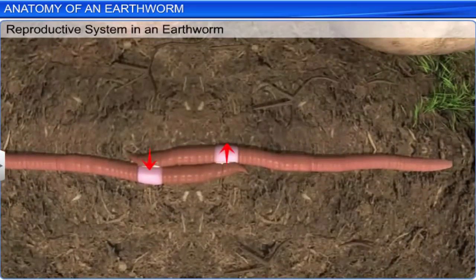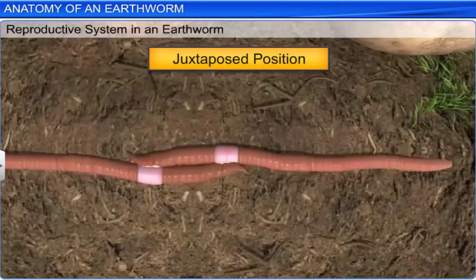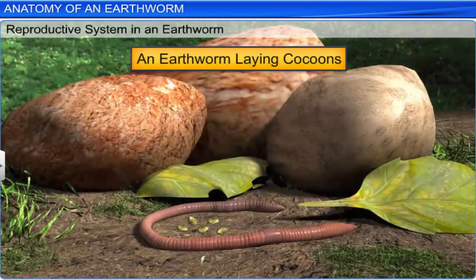While mating, two worms lie in a juxtaposed position, resulting in a mutual exchange of sperm between the two worms. Later, cocoons containing mature sperm, eggs, and a nutritive fluid are secreted by the gland cells of the clitellum.